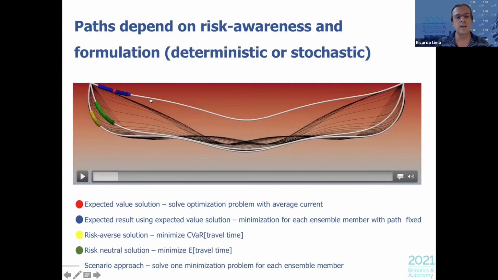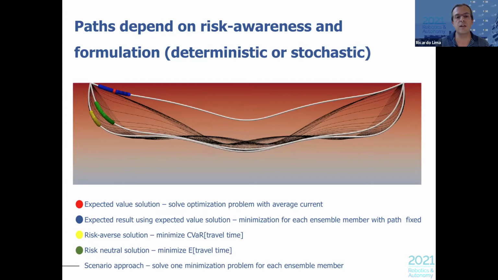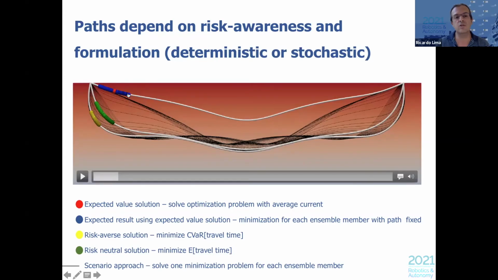If you pick this path and fix this path in optimization problems, one optimization problem for each forecast of the uncertainty, you get each of these blue spheres, okay? If you solve the stochastic programming problem with all the forecasts in one problem, and with a risk neutral solution, you get this path here. If you go to the other extreme and you minimize only the 10% worst times, you get this path, right?